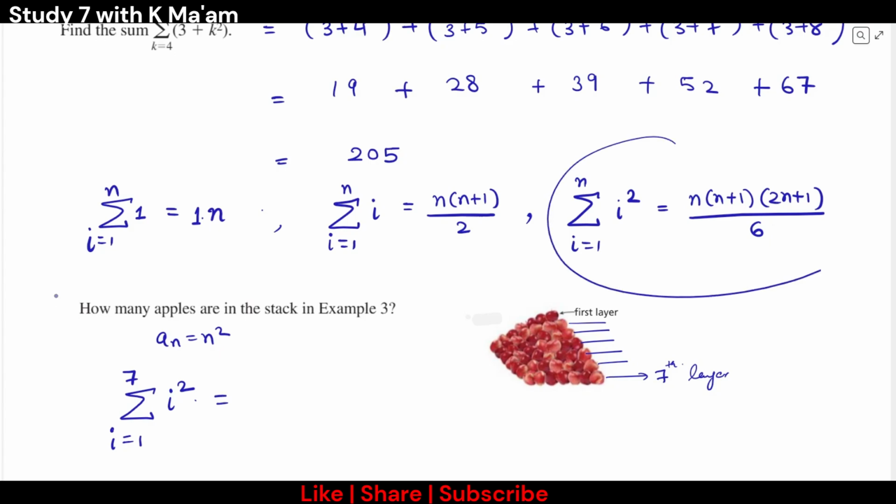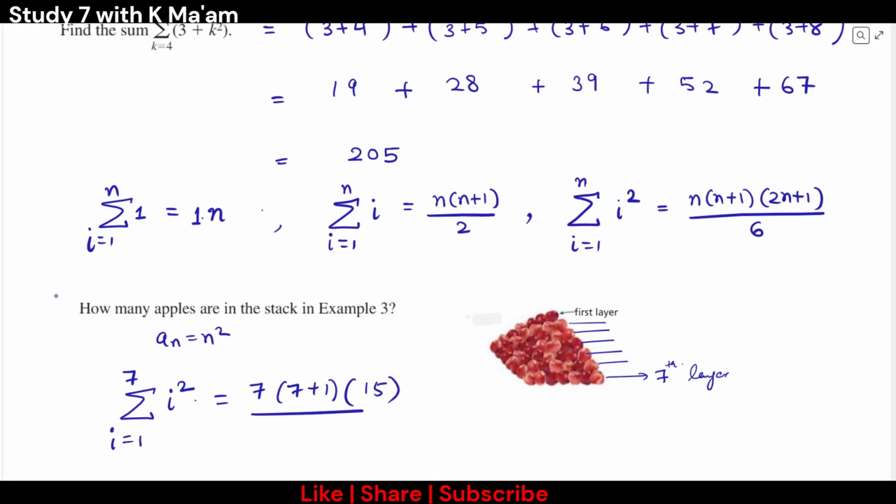Using this formula, n is 7 in our case. 7 times 7 plus 1, 7 times 2 times 7 plus 1, that is 15, over 6.